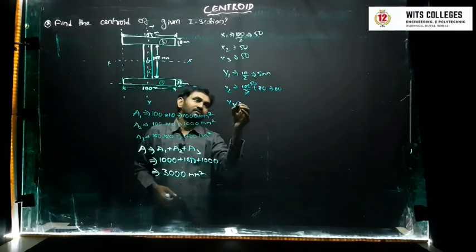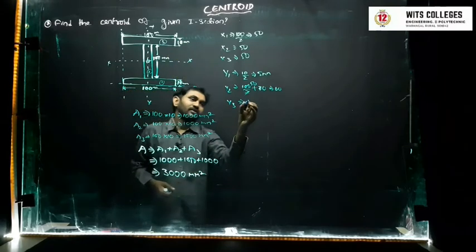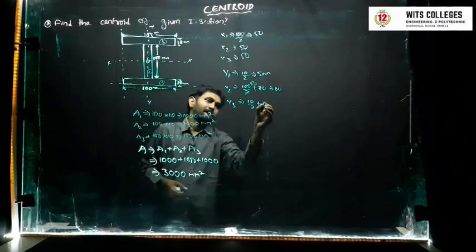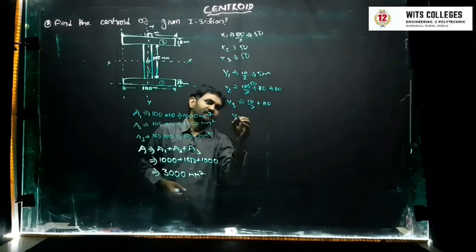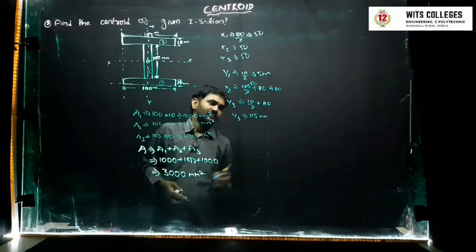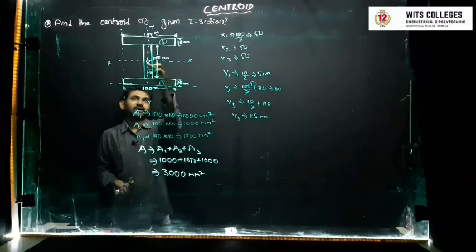And y3 is equal to 10 by 2 plus 100 plus 10, so y3 is equal to 115 mm. Like this you have to calculate y1, y2 and y3.